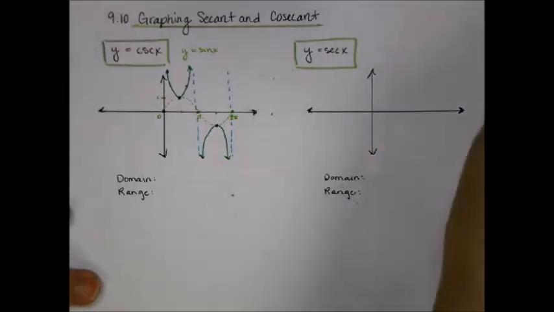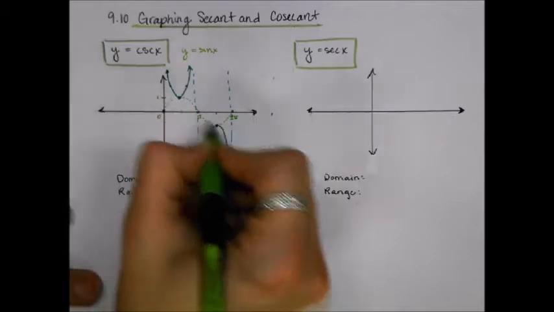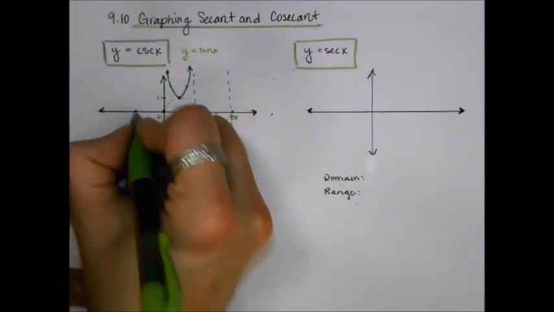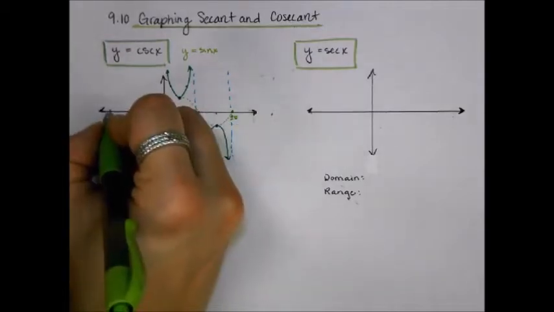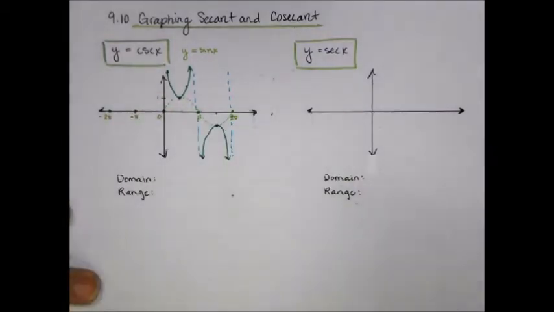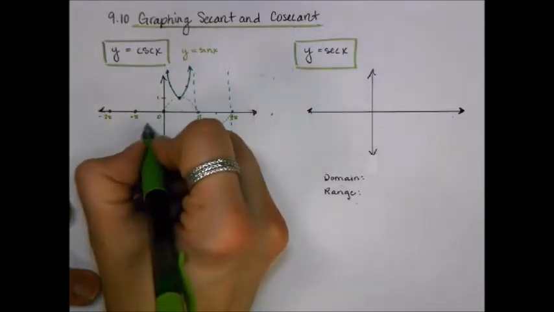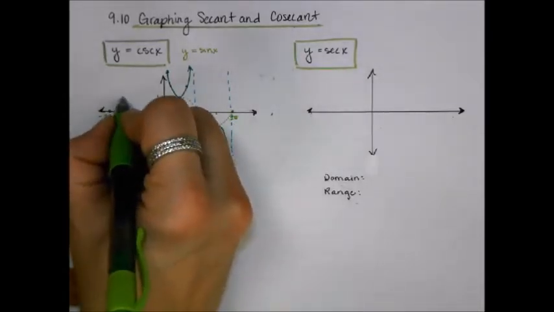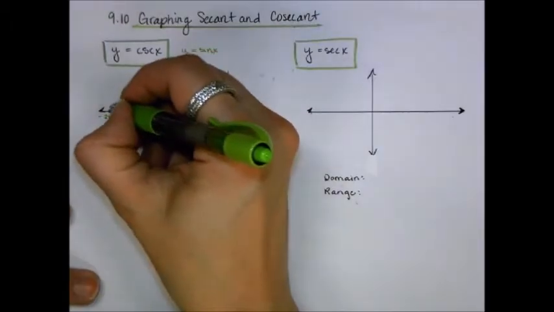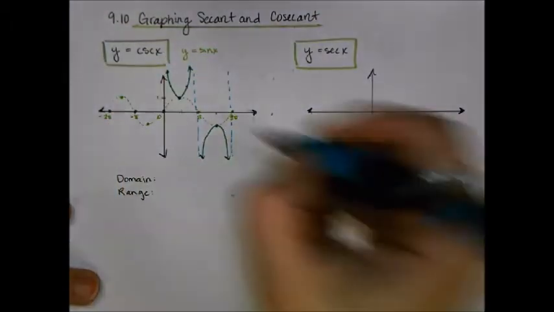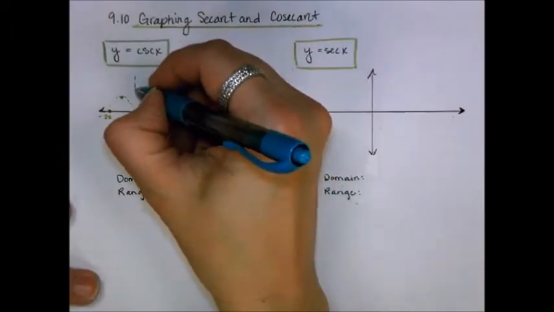So if we were to take our sine graph to the left and draw another period of the function, negative pi, negative 2 pi. Next would be the minimum here, and back here the maximum. So you can see another period of the sine graph. We again would draw vertical asymptotes through the zeros.